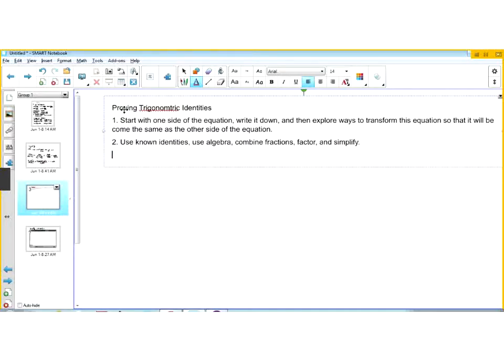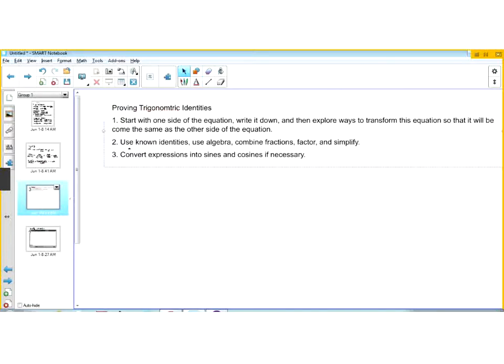All right, so all of your algebra tools come into play now. And convert expressions into sines and cosines if necessary. All right, so, and of course, we need to work lots and lots of examples.